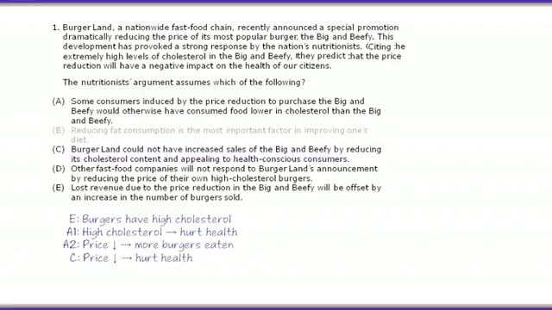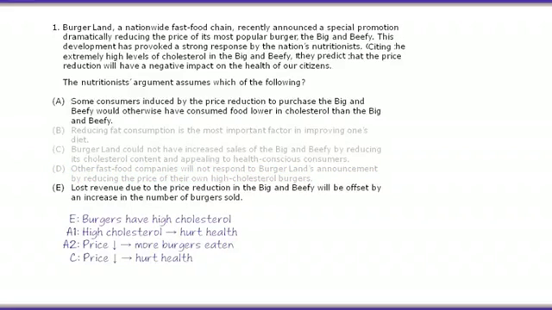Answer choice C includes the words cholesterol and health, but it does not actually connect these 2 concepts in the right way. It doesn't say that high cholesterol causes any particular health effect, so get rid of answer choice C as well. Answer choice D doesn't link cholesterol and health, and it doesn't link the price drop with an increase in the number of burgers eaten. So answer choice D isn't correct.